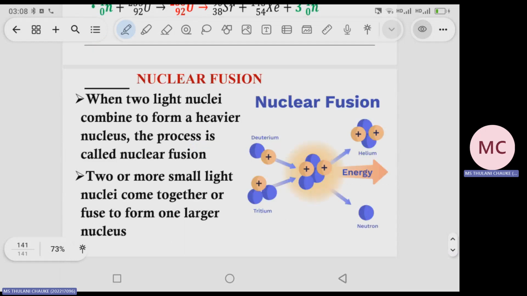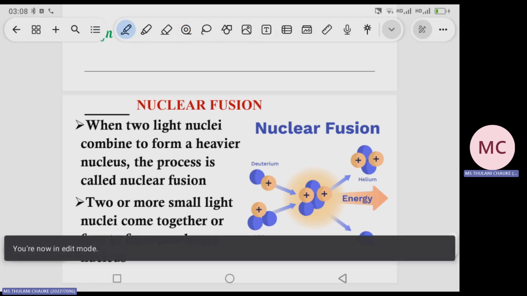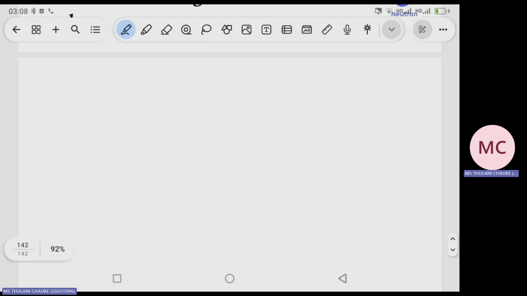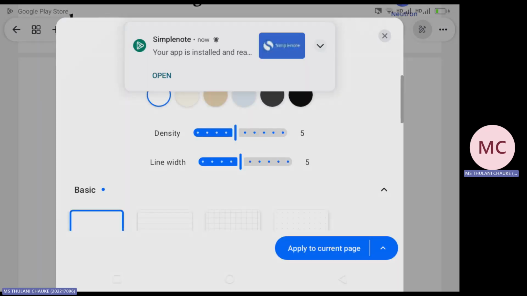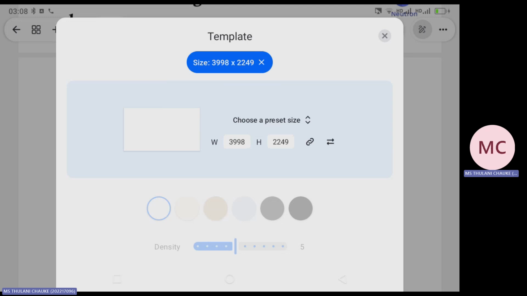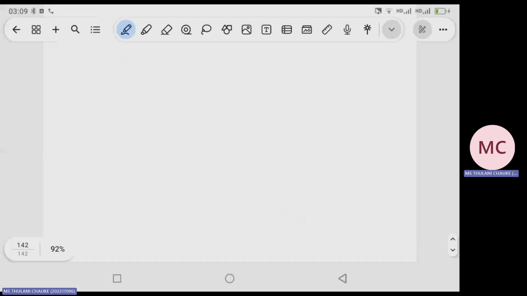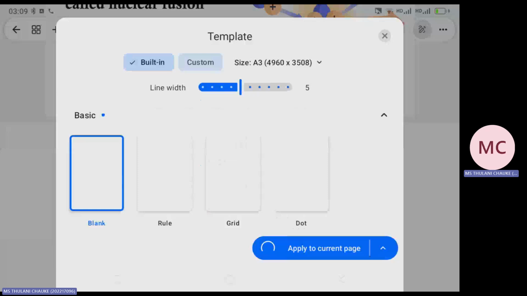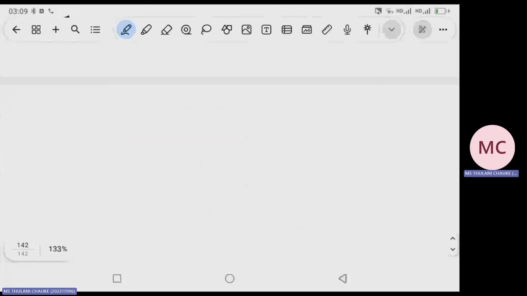So let me just open a page here. So yeah, we've got the types of decay. Let me write them here.